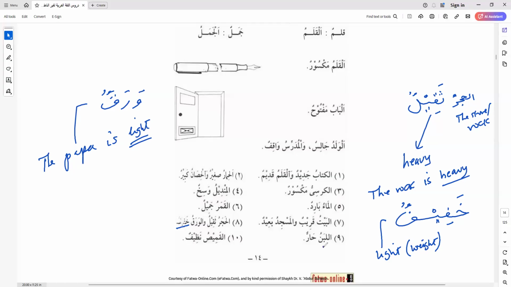Al-labanu. We've talked about laban, the milk, right? The milk is harun. Harun is hot. So if you want to say something is hot, in اللغة العربية, you say harun.